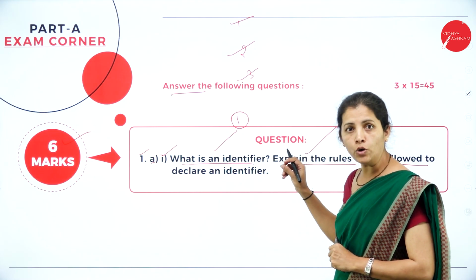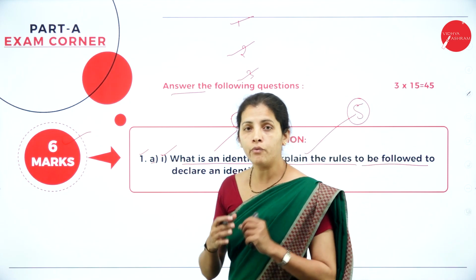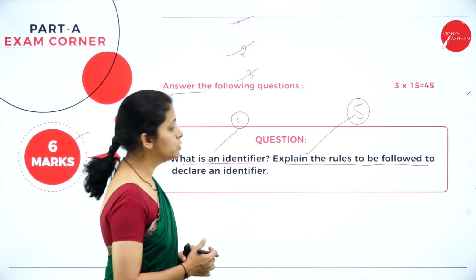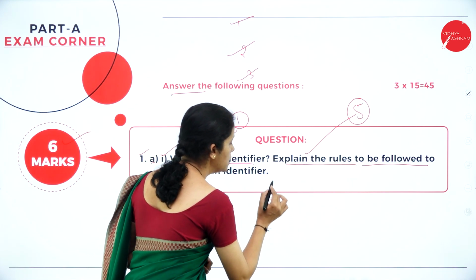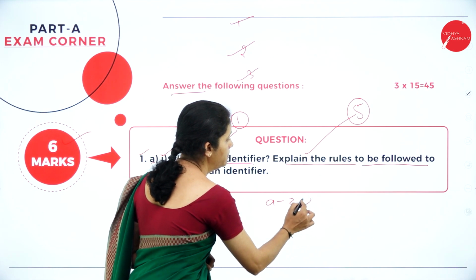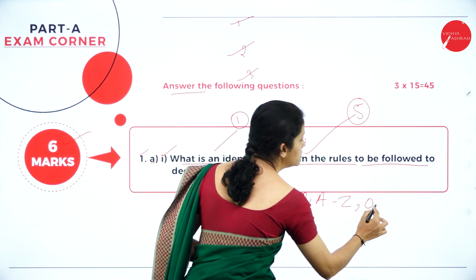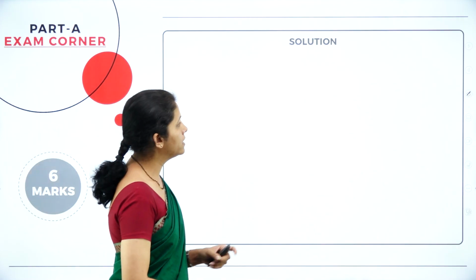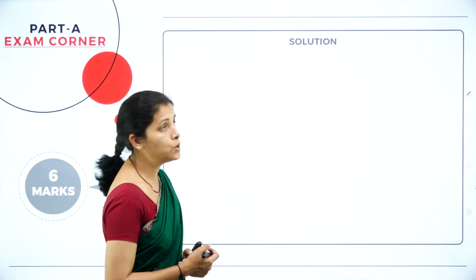Then I want to write what rules I have to follow while defining an identifier. While defining an identifier, I can use small letters, that is a to z, then capital letters A to Z and digits 0 to 9. So this is my first rule. Then what is my second rule?